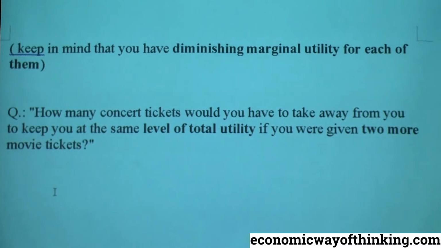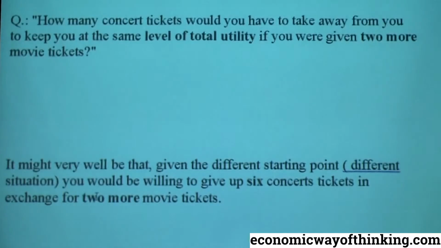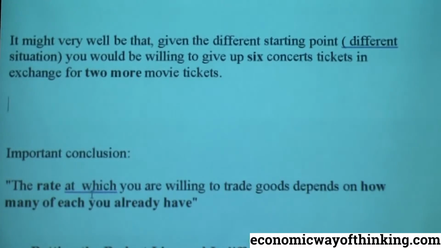If you say, okay, I'm willing to give up 3 concert tickets to stay at the same level of utility, then the ratio between concert tickets and movie tickets is 3 to 2. But it might very well be that, given a different starting point, a different bundle, you will be willing to give up 6 concert tickets in exchange for 2 movie tickets.